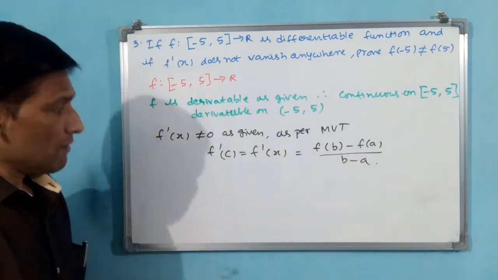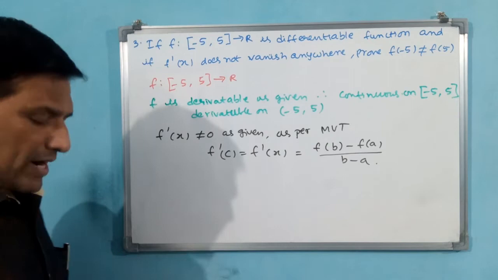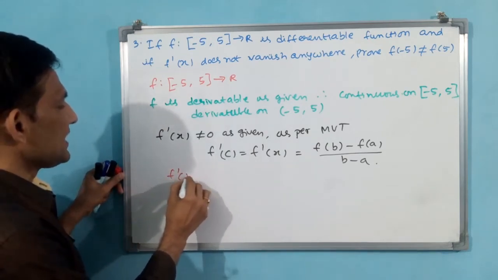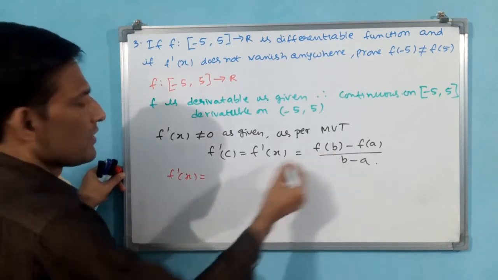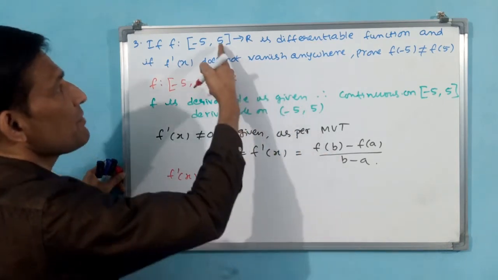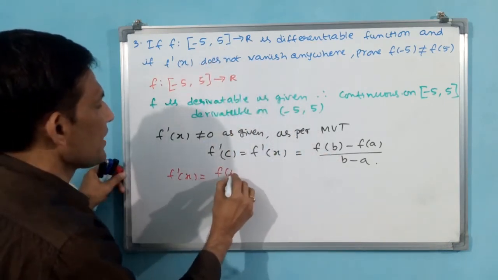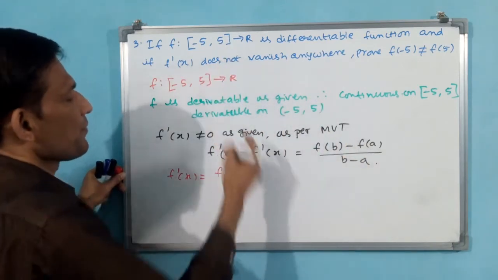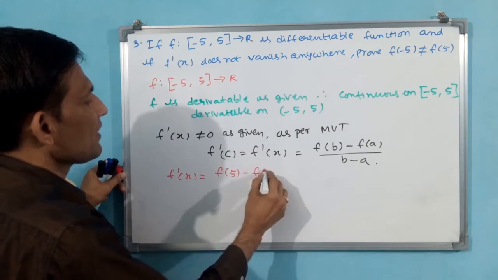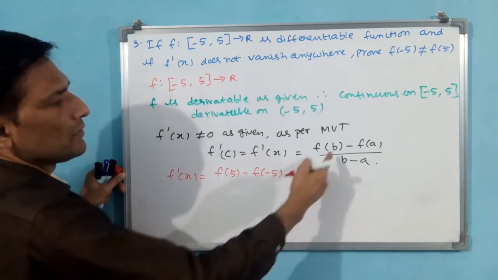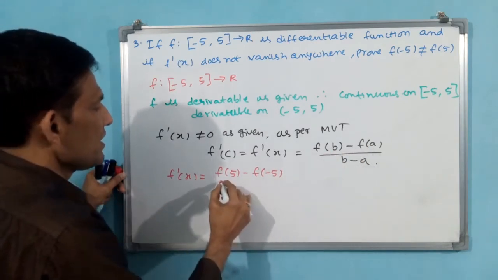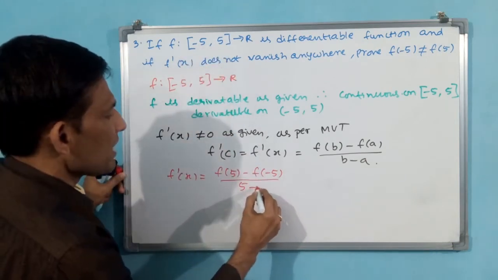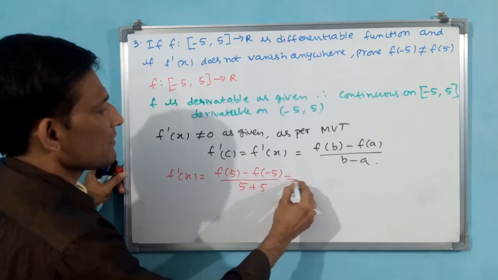First you write this, then you write this. What I am writing, you see. f dash x is equal to, here b means 5, f of 5 minus f of a, a means f of minus 5, divided by 5 minus of minus 5, that is 5 plus 5.